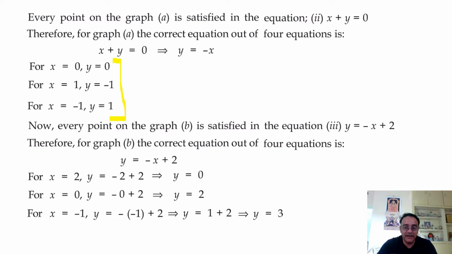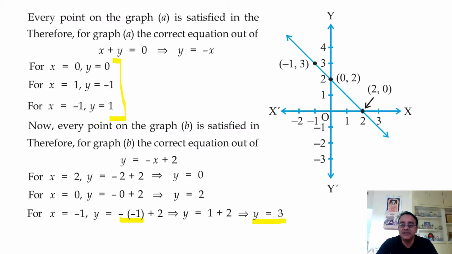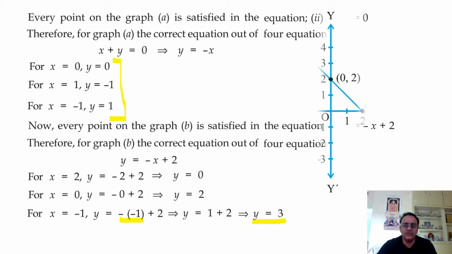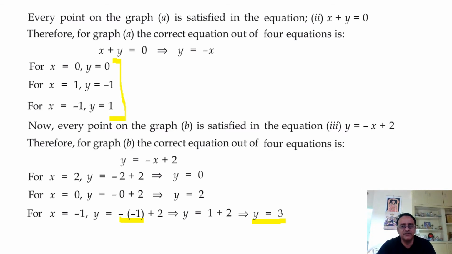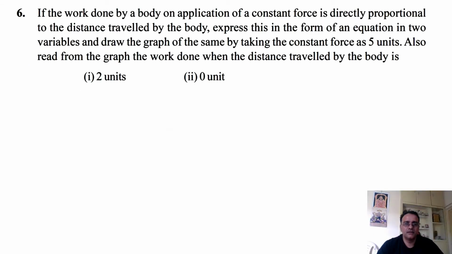For x is equal to minus 1, this will become plus 1, and the final answer is y is equal to 3. Okay, so see, these 3 points are given in this graph. All these 3 points satisfy this equation. So this is the correct equation. Okay, so now we will move towards the next question.